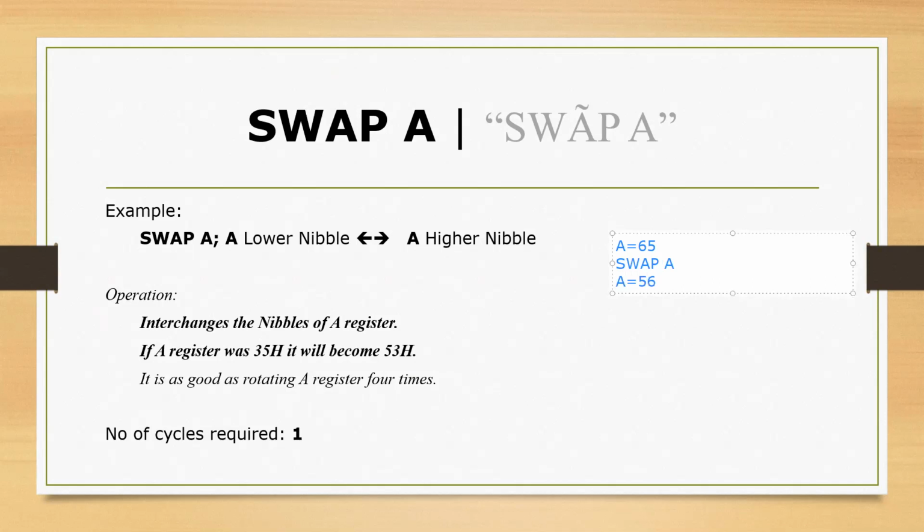That is, the lower nibble and the higher nibble are exchanged. 65 hex means 6 and 5. So when we swap, the lower nibble and the higher nibble get exchanged.